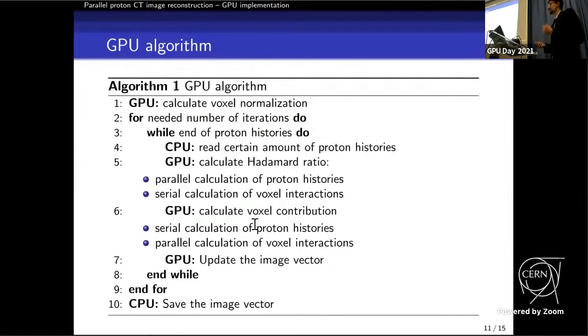But as one proton can interact only once with a voxel, this solution avoids this race condition. And yes, in the end, we update the image vector.